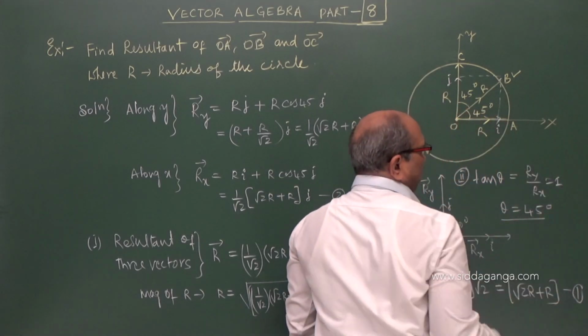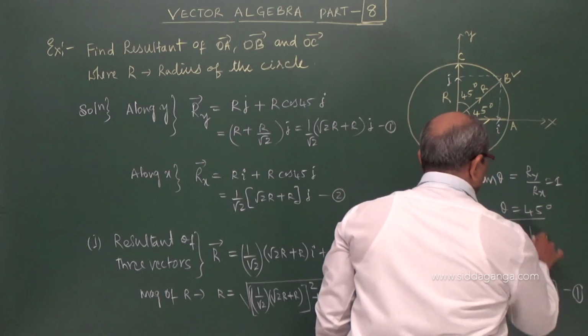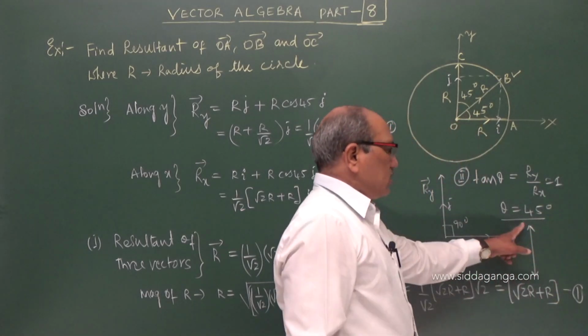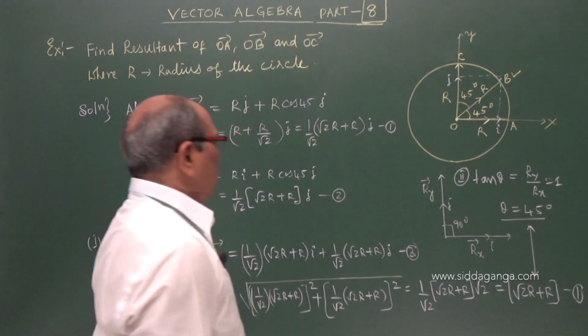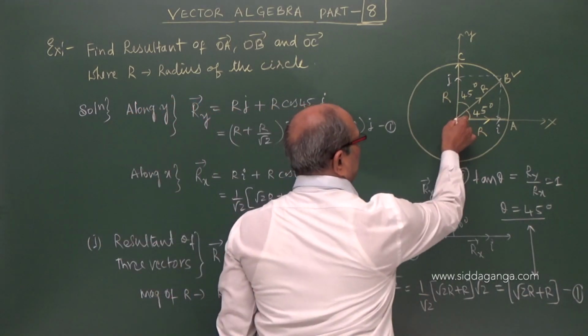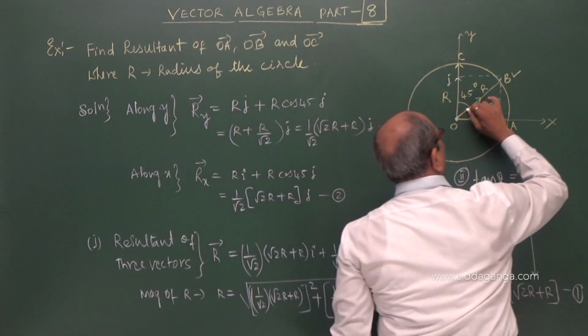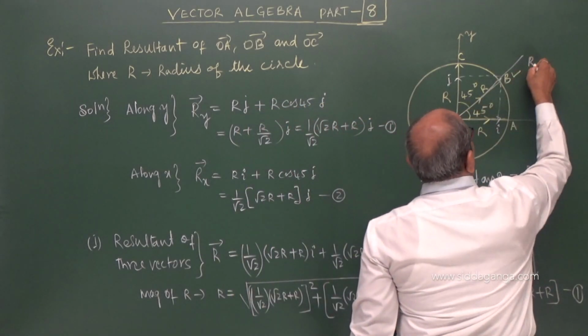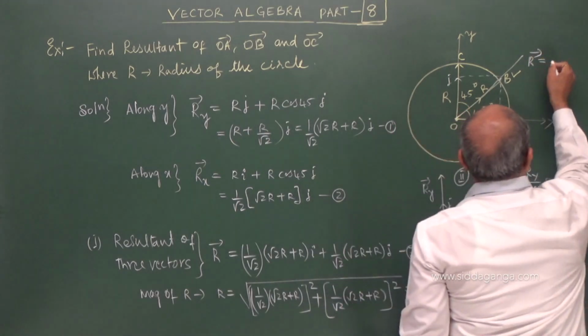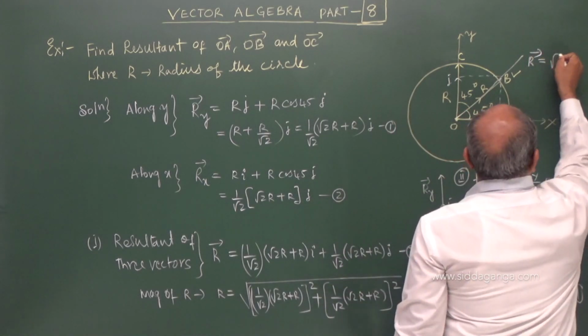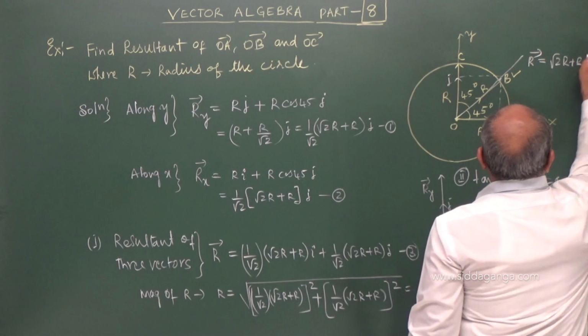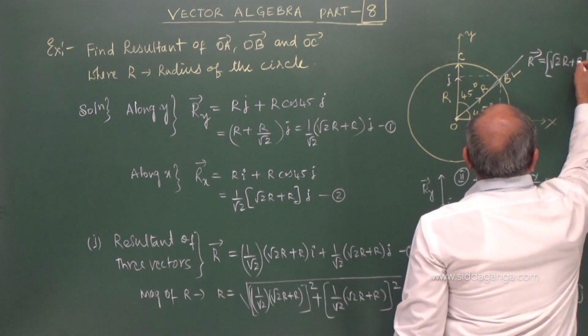Tan inverse of 1 is 45 degree. This is the magnitude, and this is the direction with respect to this, 45. Again, the resultant will be in that direction. The resultant is along this direction, having magnitude root 2 R plus R, is the answer.